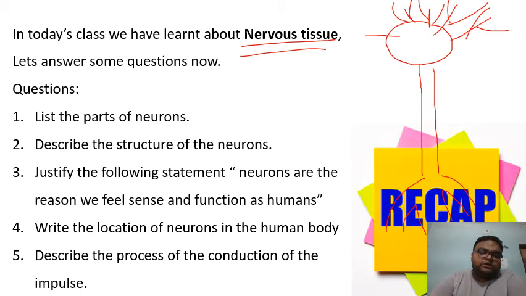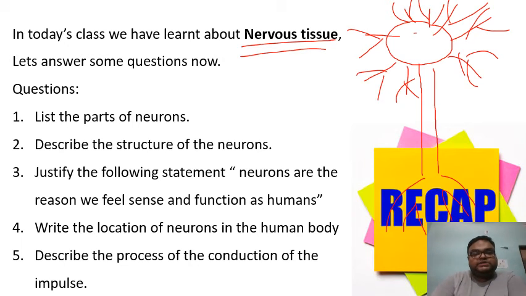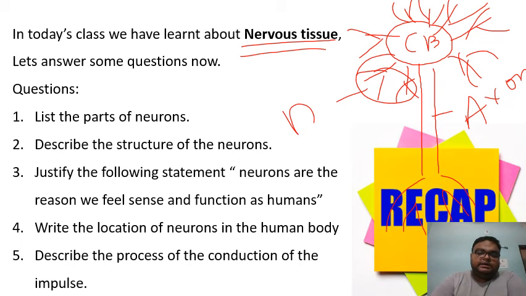There are lots and lots of dendrites, right? Okay, students, so this is the cell body, this is the axon, and these are all dendrites. Okay, students, so that is it.